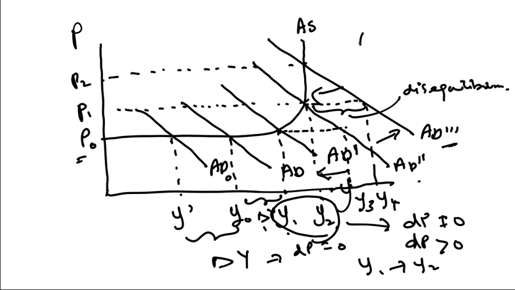So is there any change in output in this case? The change in output is actually 0. Why? Because the increase in price from P1 to P2 diminishes the change in output. That means in this case, fiscal policy is ineffective.